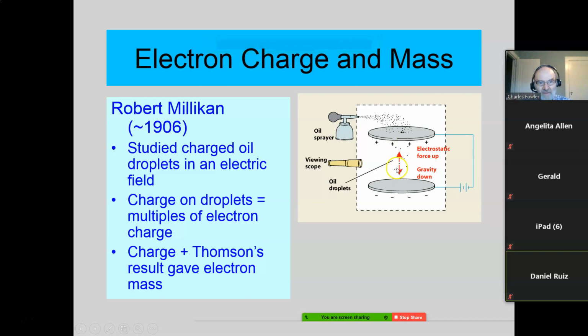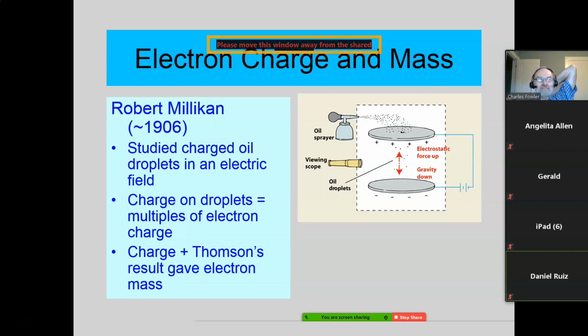The positive plate up here, negative plate here. He had a viewing scope here so that he could watch these little droplets. Had light coming in from different angles. You could see the various droplets, and he could measure their movement.